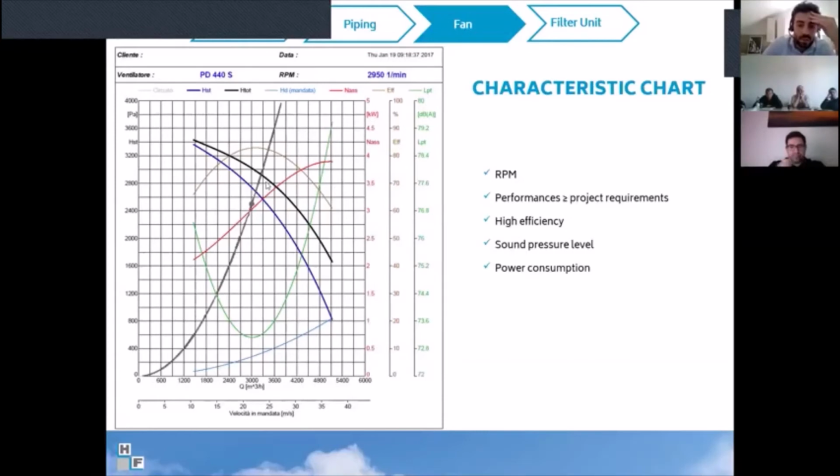When we design the motor, we must be sure that in all the possible conditions, the power consumption will always be lower than the rated power of the motor. This is because we cannot have the risk of power consumption higher than the rated motor, because in this way the motor will for sure be damaged.